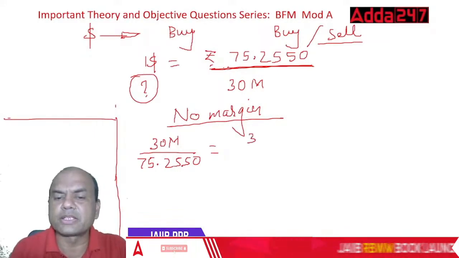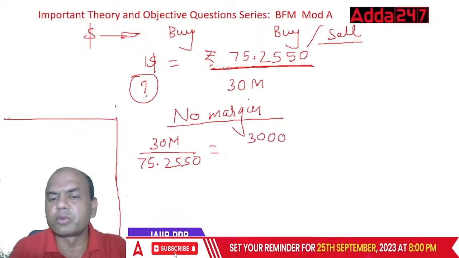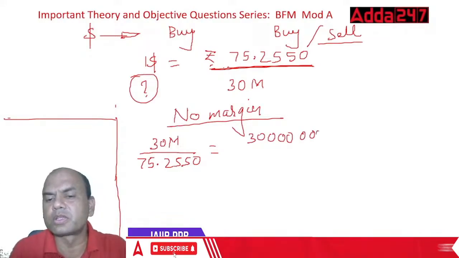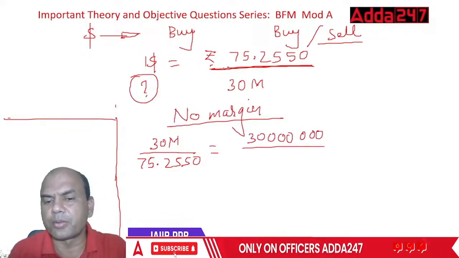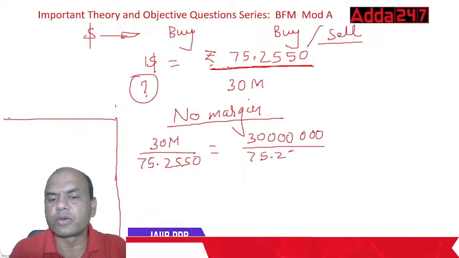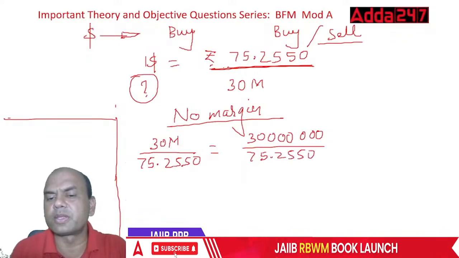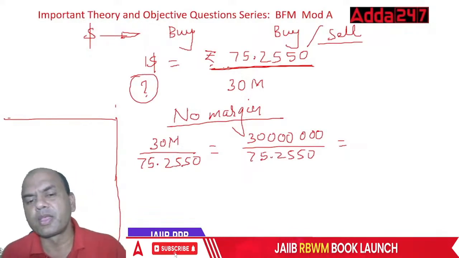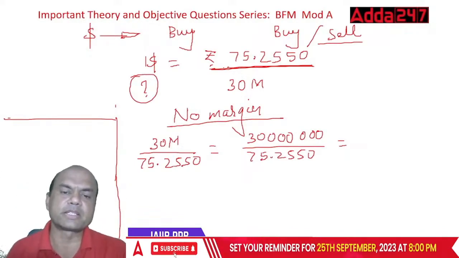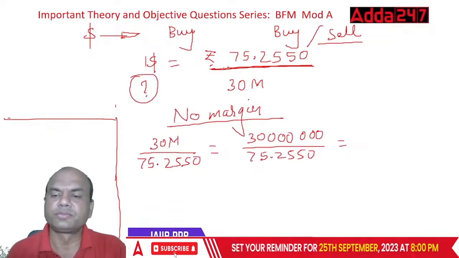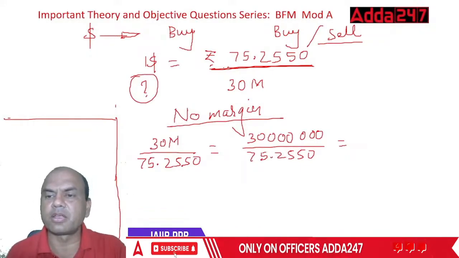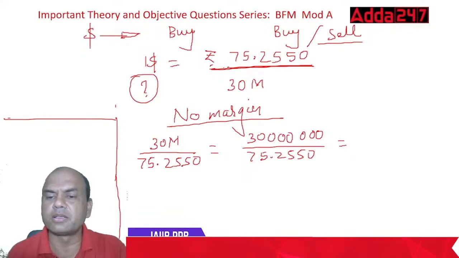Everyone do it in the comment section. I want the answer. 30 million, 6 zeros, divided by 75.2550. Now give me the answer, everyone, in the comment section. I'll also try by that time.